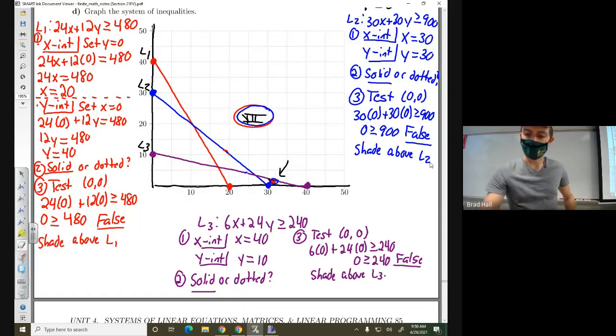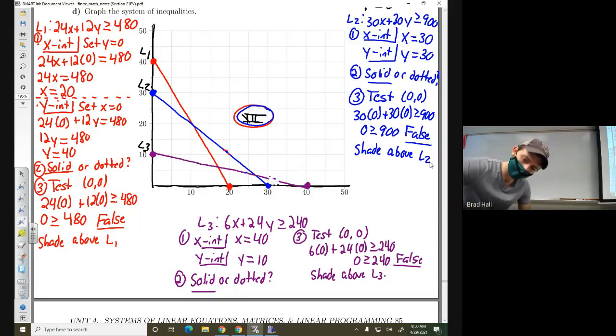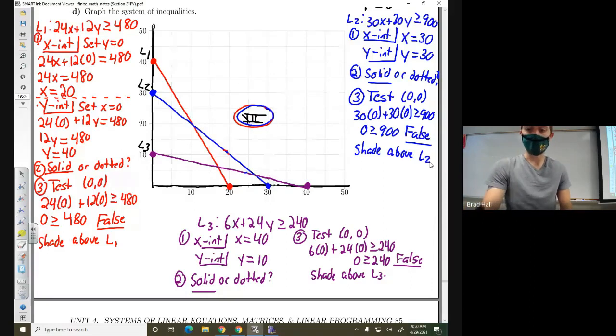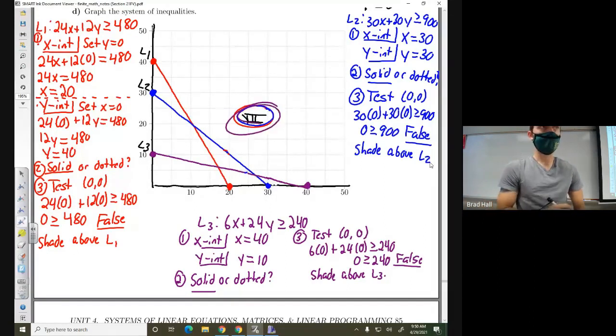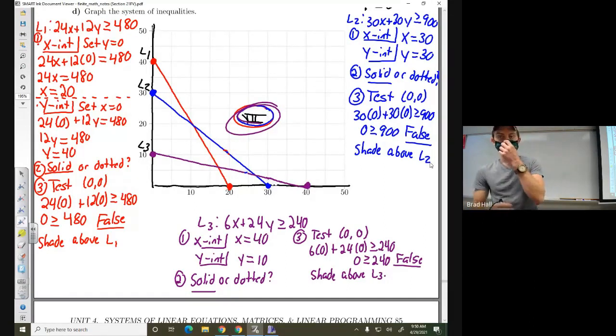So that gets rid of this tiny region all the way down here, and leaves us with this outer region up here. And that will be the region that we ultimately shade.